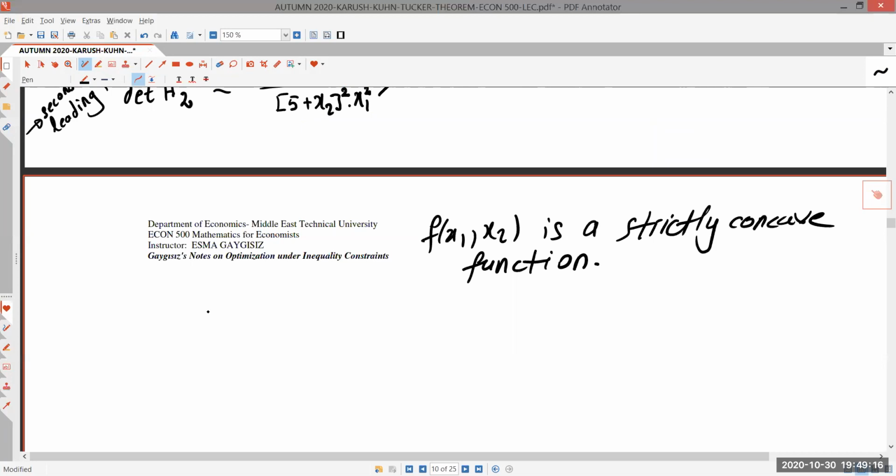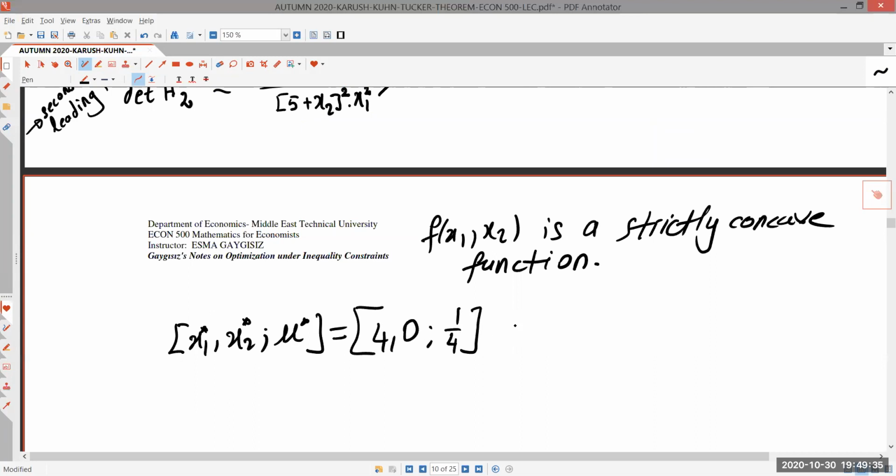So it means that this point here, x star, mu star, 4, 0, 1/4, constitutes a global constraint maximum.